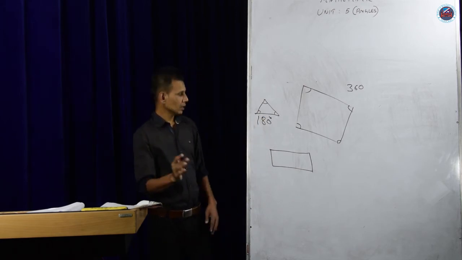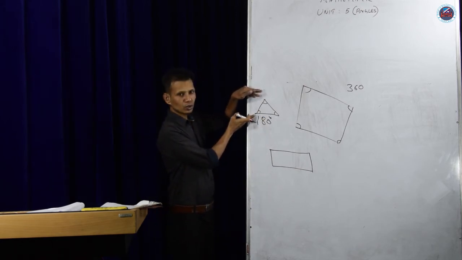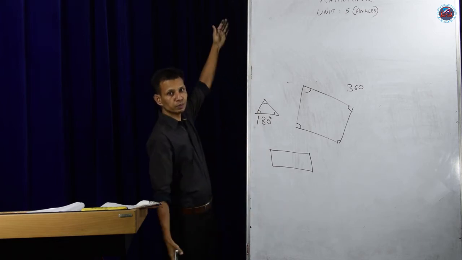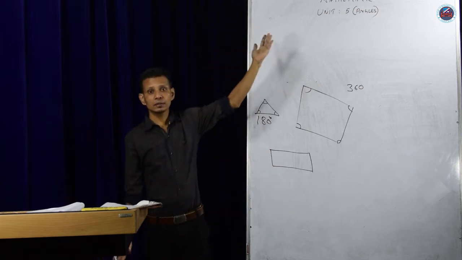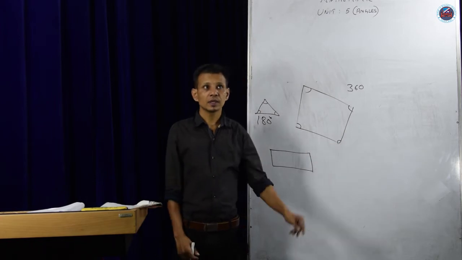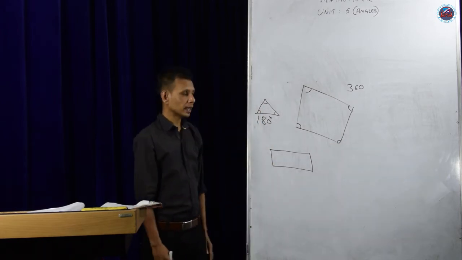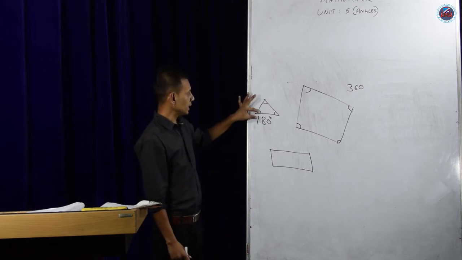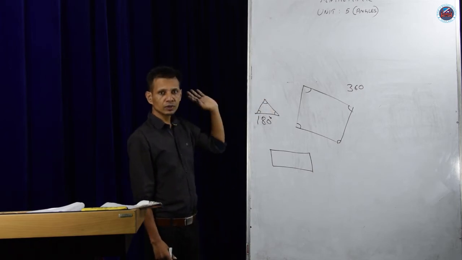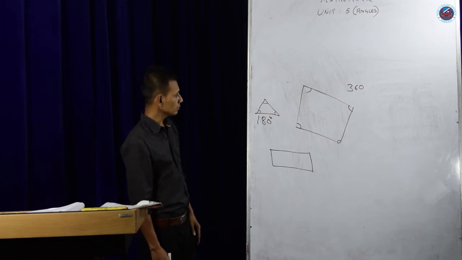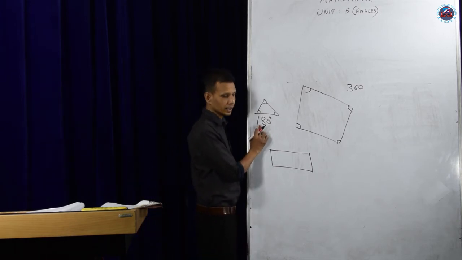Always. Let the triangle be so small, or let the triangle be bigger than your room, if you add up the 3 angles, you will just get 180. Okay? So when you add the angles of a triangle, you just get 180 degrees.